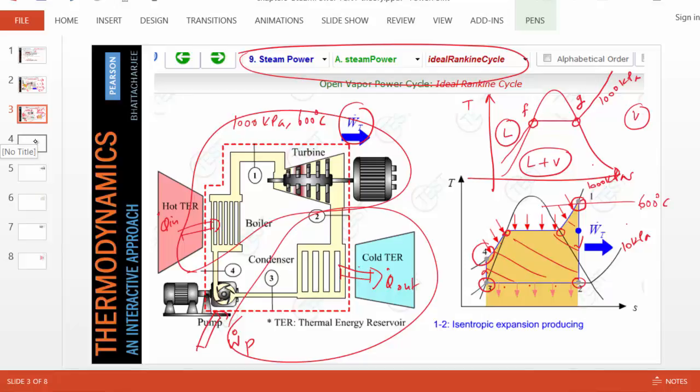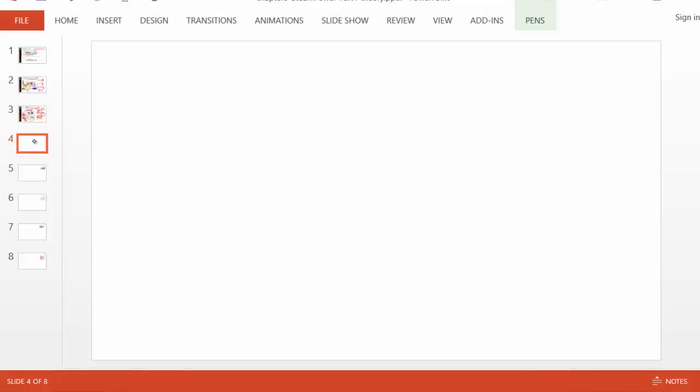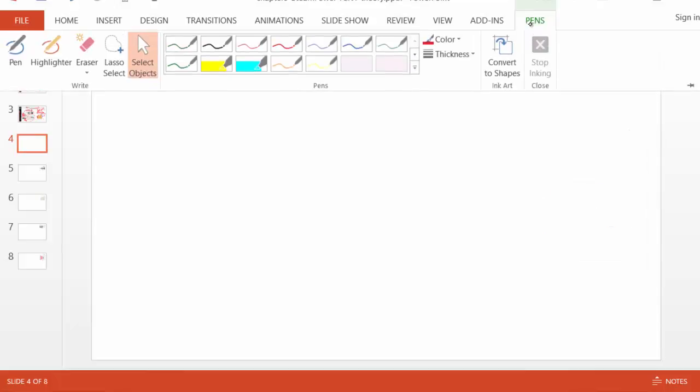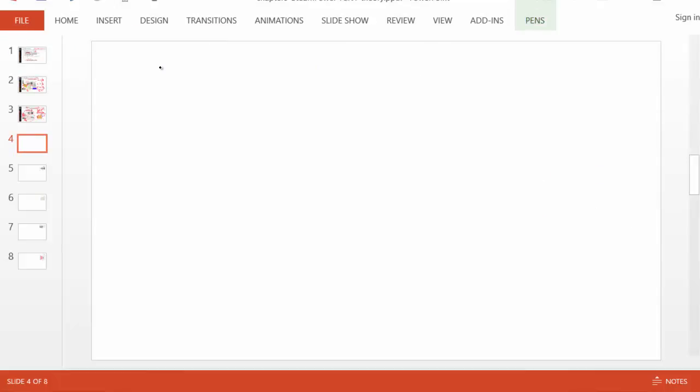To explain that in terms of formulas, recall that in any cycle, net work and net heat are equal, and in the case of the Rankine cycle, you can show that m dot times W net equals W dot net, and m dot times Q net equals Q dot net.